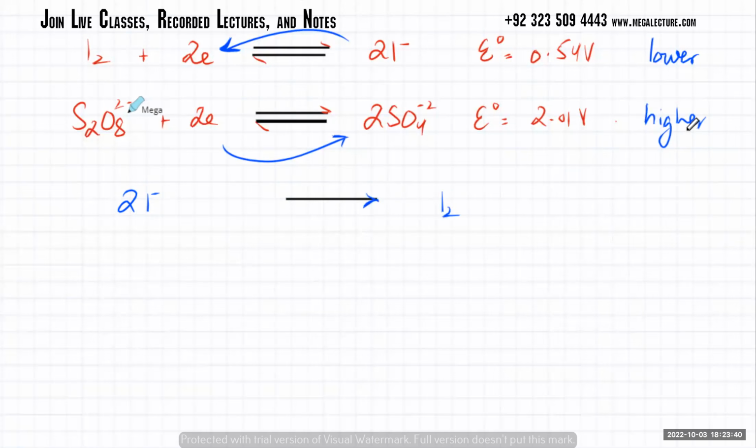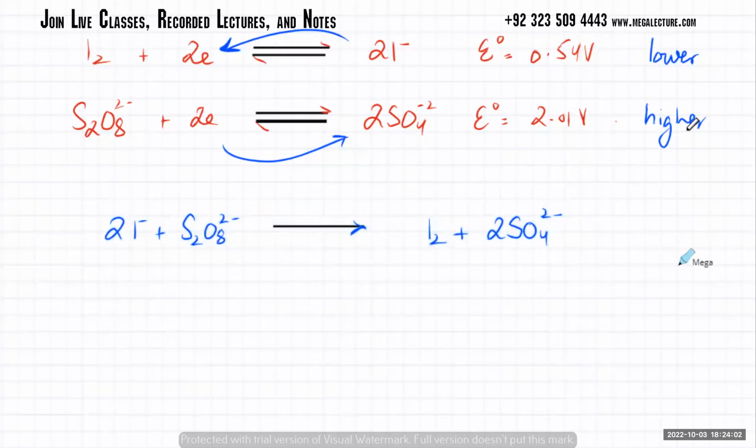I've got S2O8 2 minus and that S2O8 2 minus is turning into 2SO4 2 minus. So that's your reaction that will happen when you connect these two electrodes together. Or if you just look at these two electrodes, you'll figure out that this is the reaction that will happen.